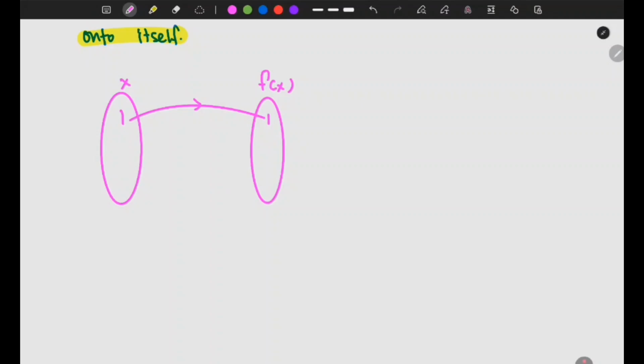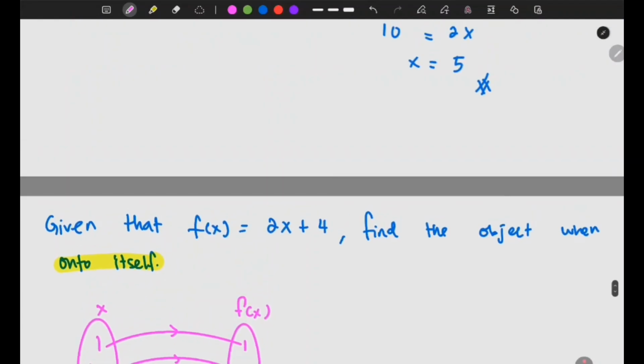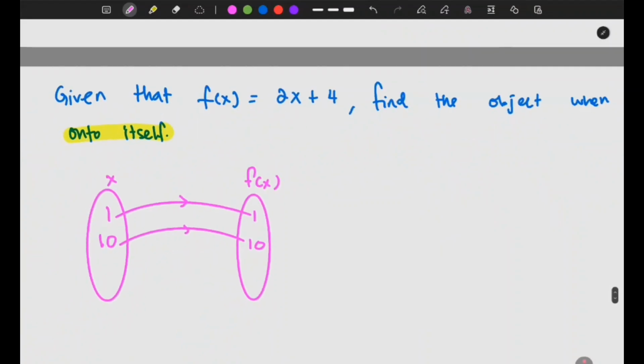It just maps back into itself. If here is 10, here will be 10. There's no addition, subtraction, division or multiplication, nothing. It's just itself.